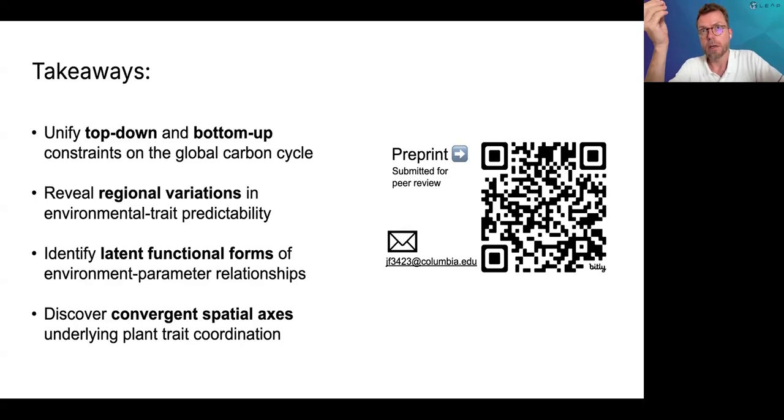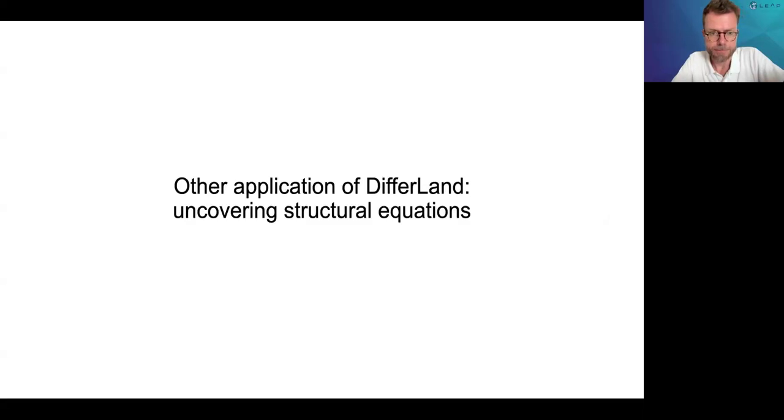And the latent space, so this idealized reduced dimension, this correlated space, if you will, of the different parameters can really tell us a lot about what's being learned and how plants and ecosystems actually function at the global scale. And again, we can look into that in a simplified way, looking at some convergent spatial axes. So what are the main spatial axes of variability at the global scale? What is really controlling the main variability of those parameters?